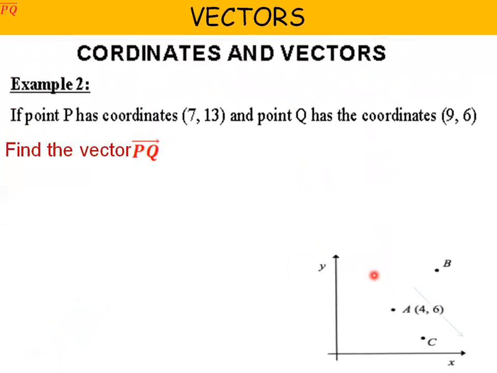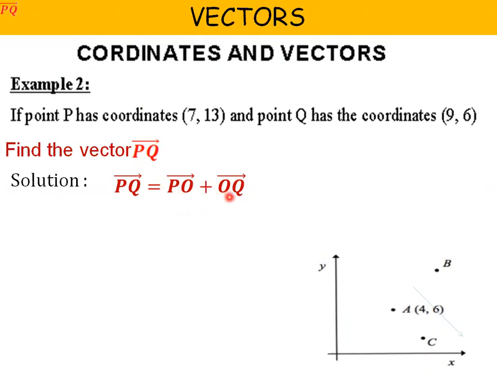If the point P has coordinate 7, 13 and point Q has coordinate 9, 6, find the vector PQ. You would agree again that the vector PQ is simply going to be the vector PO plus the vector OQ. In the same way, we know vector OQ.